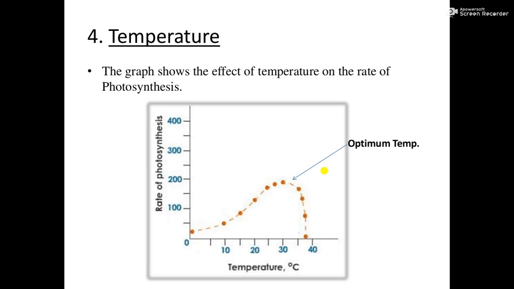Here the graph shows the effect of temperature on the rate of photosynthesis. We can see at 0 degrees the photosynthetic rate is 0, and with higher temperature up to 30 or 35, the photosynthesis rate goes higher, and then from 40 upwards it comes down.